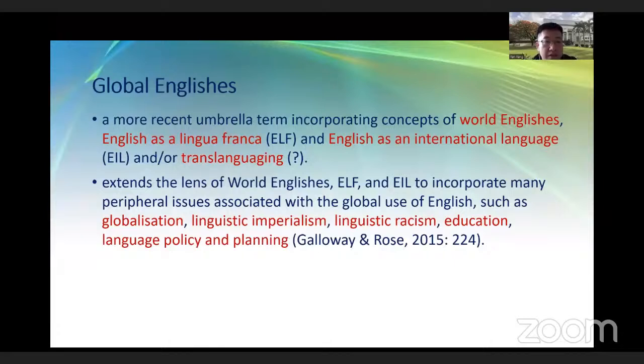So here, global Englishes extends the lens of world Englishes, ELF, and EIL to incorporate many peripheral issues associated with the global use of English, such as globalization, linguistic imperialism, linguistic racism, education, language policy, and planning.